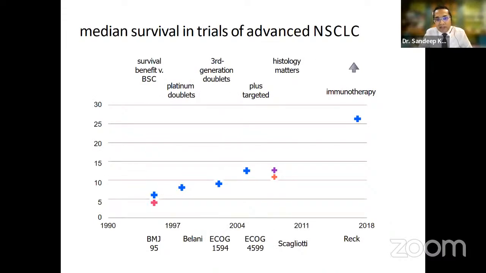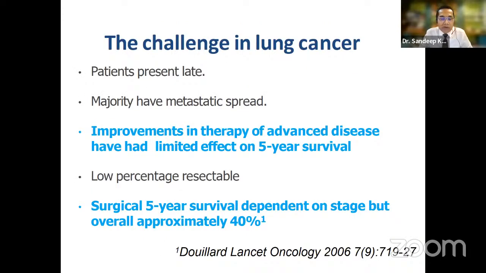Again, the median survival, whether we used a single agent platinum-based therapy, doublet, or third generation, then came the era of histology that matters, and then came immunotherapy. So over a period of the last 4 decades, there has been a consistent improvement in survival depending on what we have chosen as a baseline, whether it is histology, molecular testing, or nowadays the PD-L1 for selection of treatment for our patients.